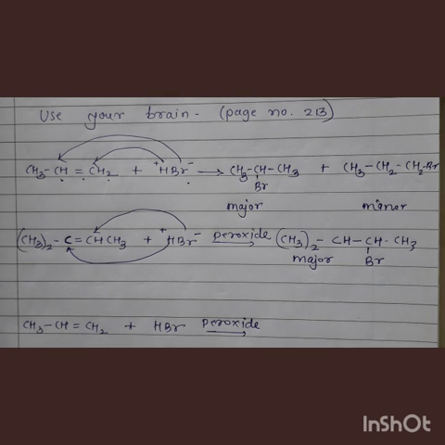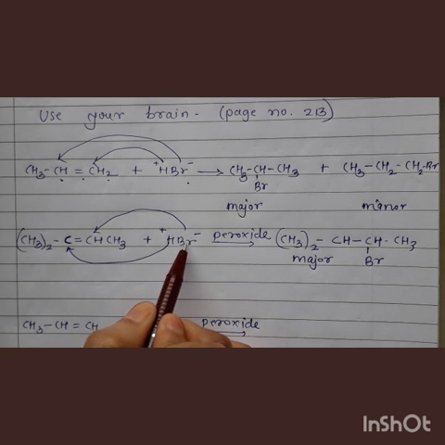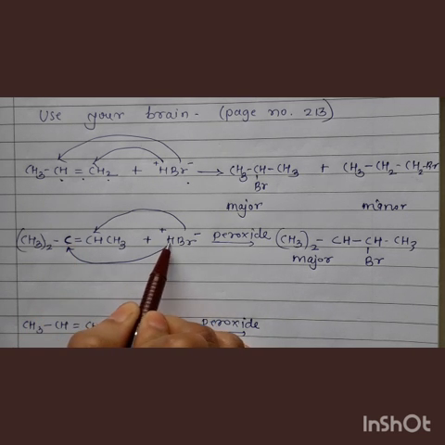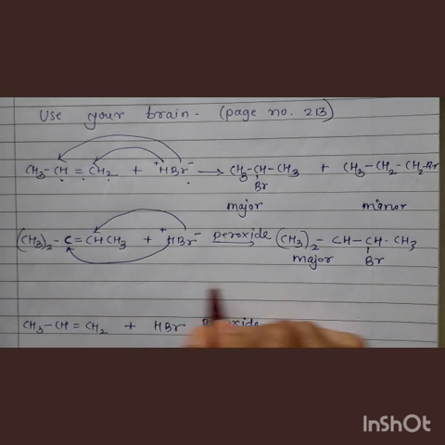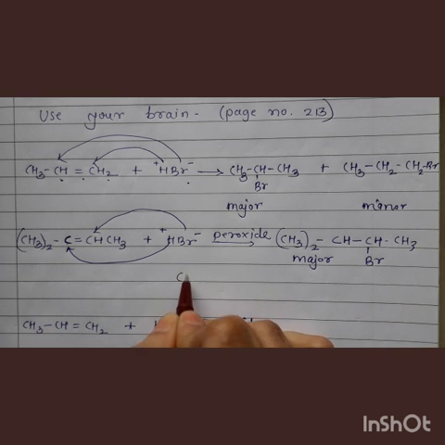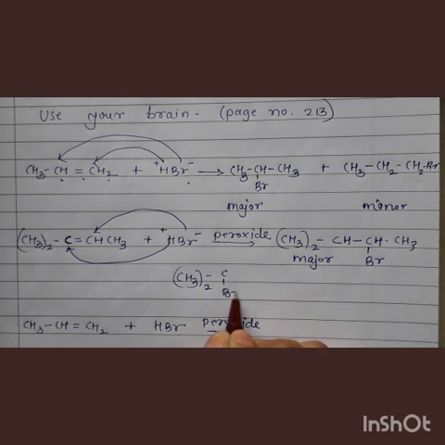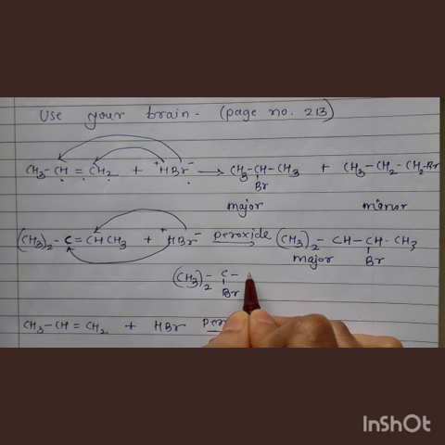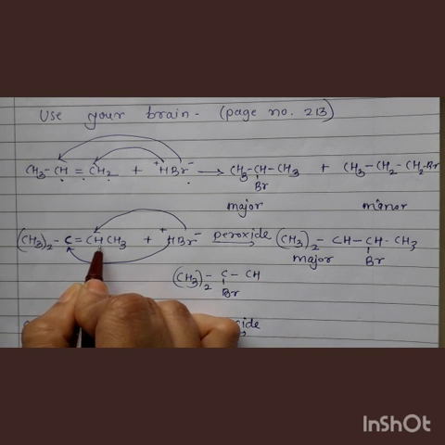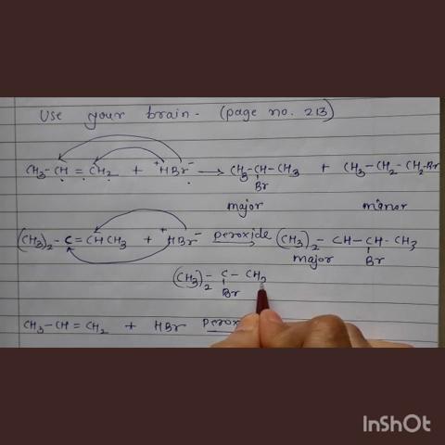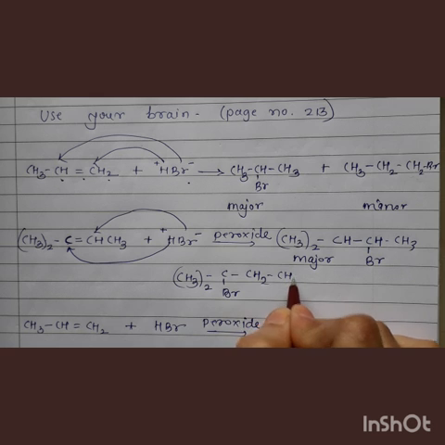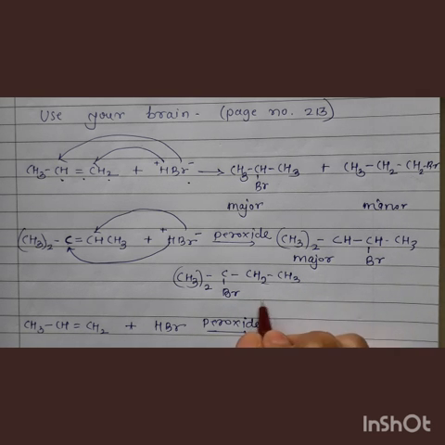And if we have to form the minor product, bromine will go on this carbon atom and hydrogen on this carbon atom. So for the minor product, CH3 twice C, on this carbon atom bromine will come, the double bond will become single bond. On this carbon atom already one hydrogen is there, one more will get added, so it will become CH2 and CH3. Understand? So this is the minor product.